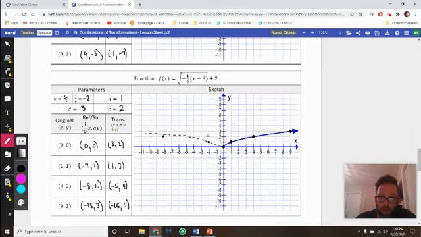And so we get 3, 2. 0, 0 goes to 3, 2. And we want the same shape, 1, 3. Yep, that's the same shape as our dashed one. Negative 5, positive 4, same shape. And again, negative 15, 5, somewhere around here, but doesn't quite fit in the graph. Just do your best. Just draw the function in there.